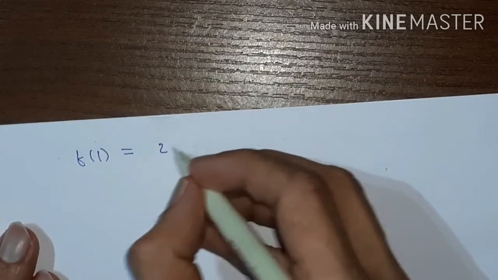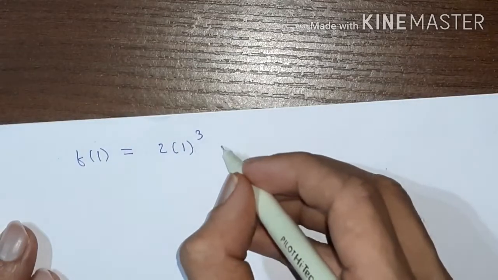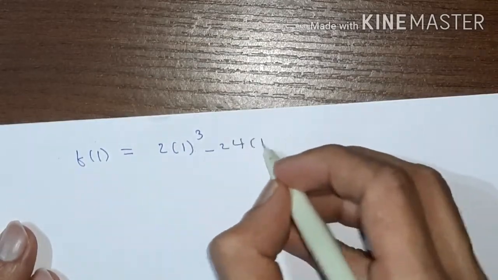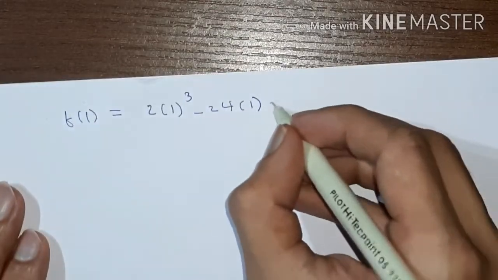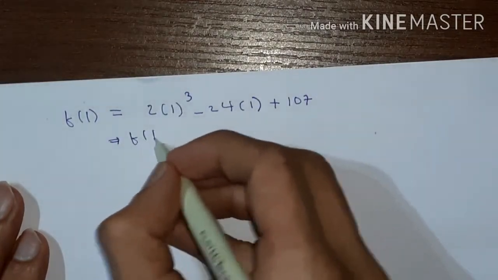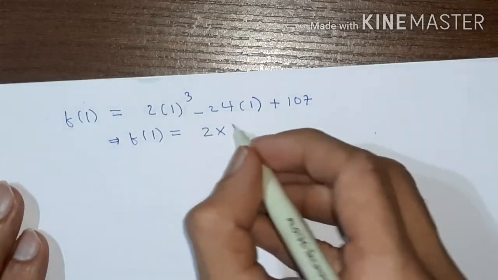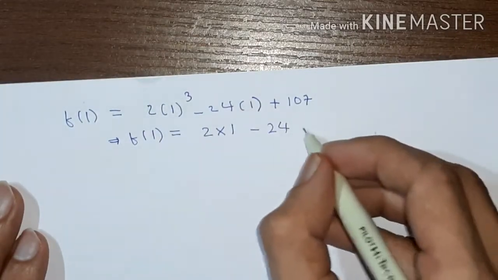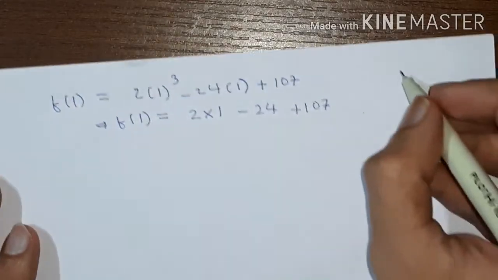So what is it? 2 multiplied by 1 cube minus 24 multiplied by 1 plus 107, right? So f of 1 is 2 multiplied by 1 minus 24 plus 107.